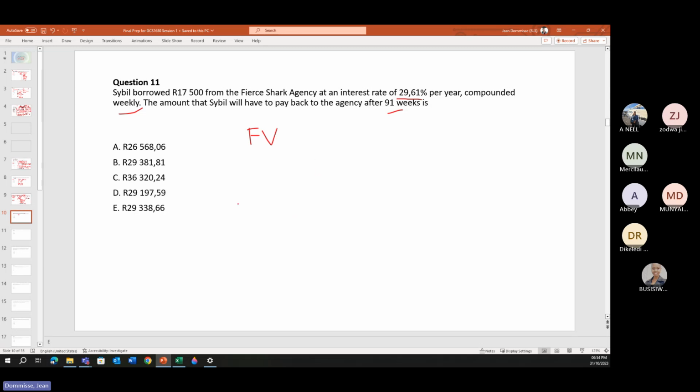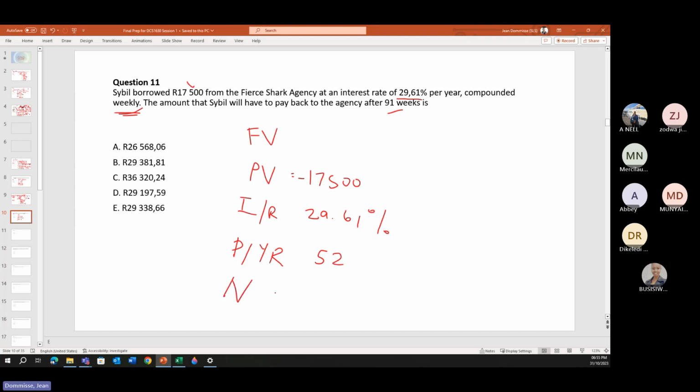So we've got the present value as 17,500. That's not a problem. We've got the interest rate as 29.61%, so that's not the issue. Payments per year: weekly, so it's 52 payments per year.